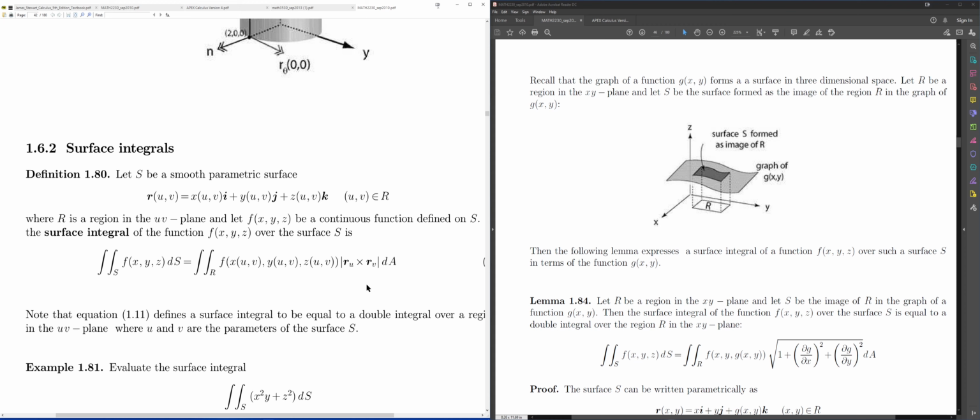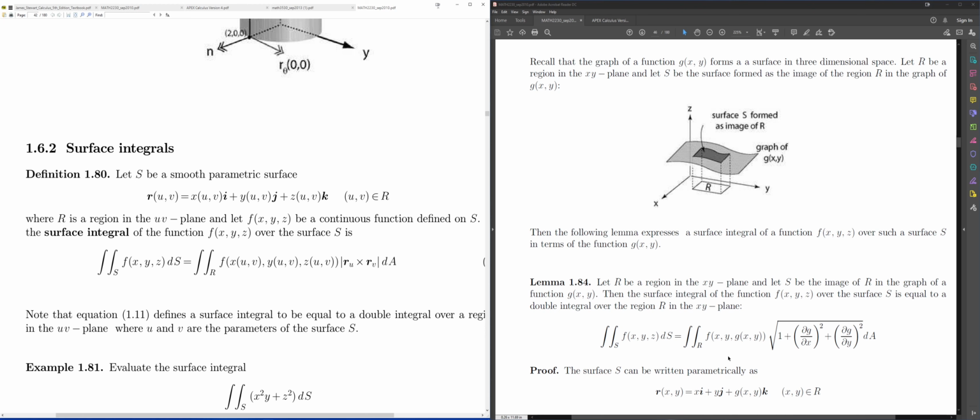So you have this term here that you would need to work out. And in this second formula, this term, the r_u cross r_v, is in fact all worked out over here as the square root. So in a sense, it's somewhat less work.